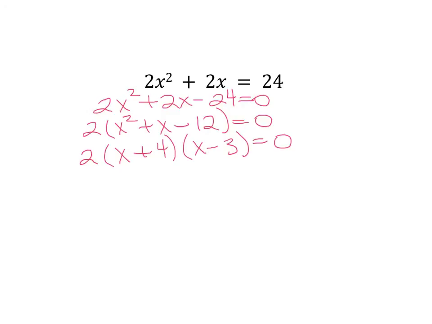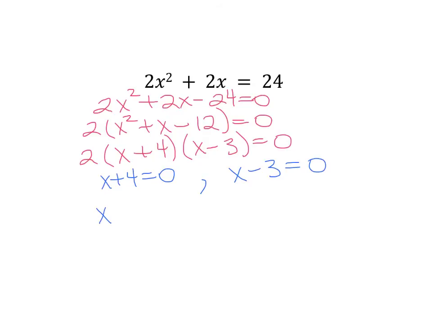Okay, so now we're this far. We've factored our common factor of 2 out, and then we have this here, and it's easier to factor. We end up with 2 times x plus 4 times x minus 3. From this point, we're going to take each bracket, set it equal to 0, and solve each one of those equations and end up with our answer.